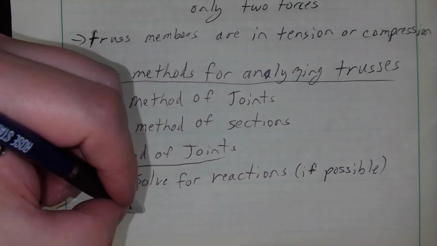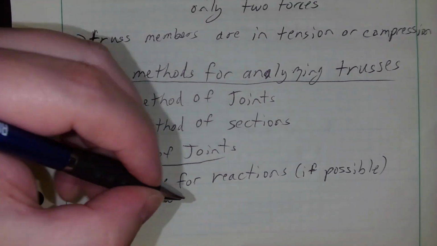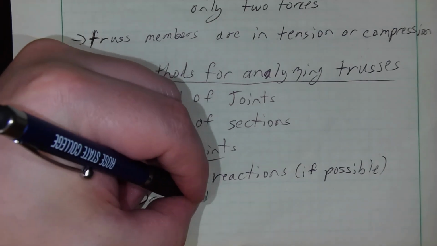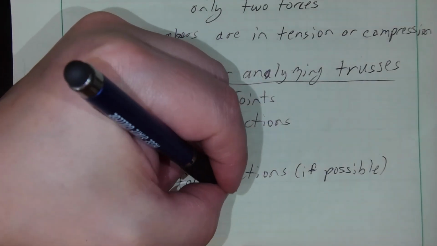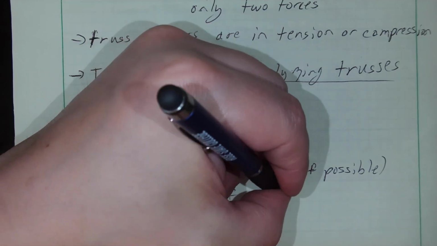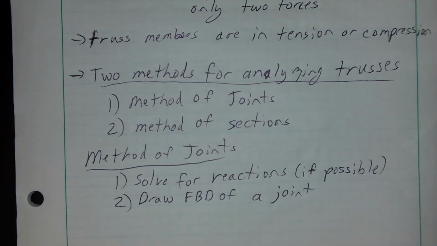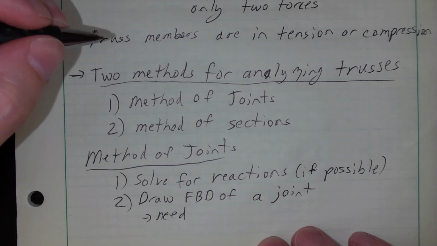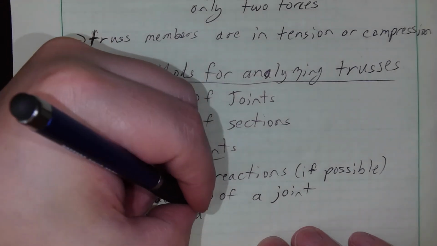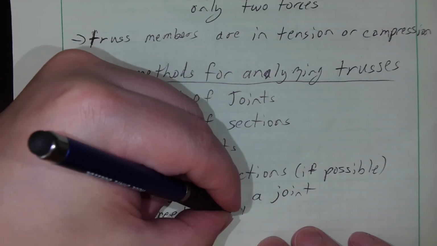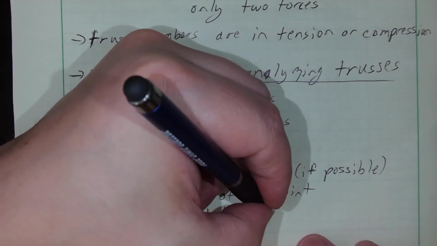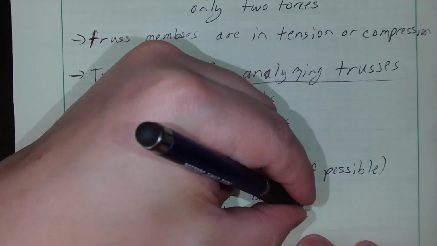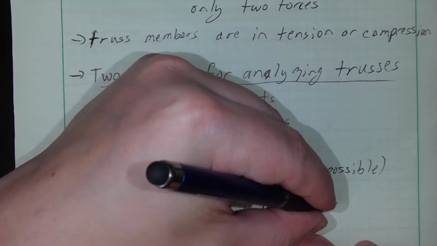Step 2, draw a free body diagram of a joint. Need at least one known force.